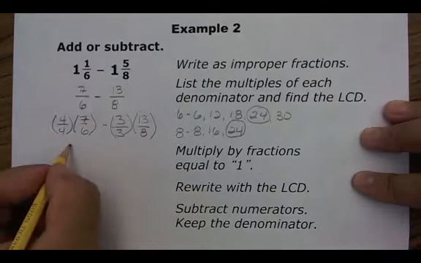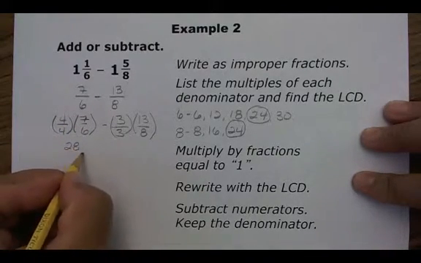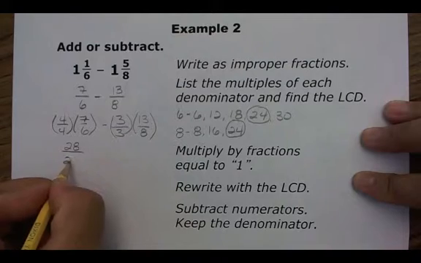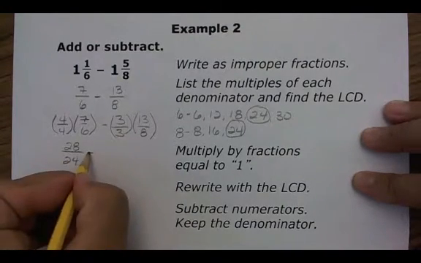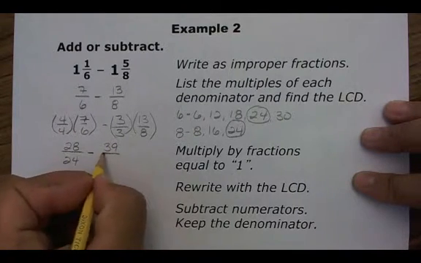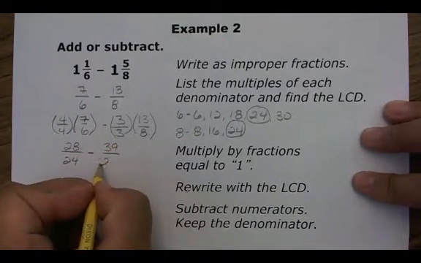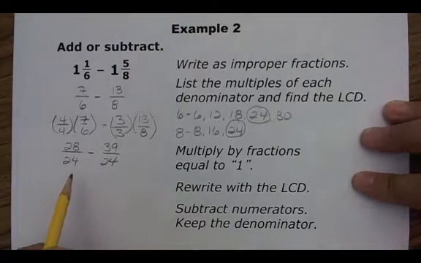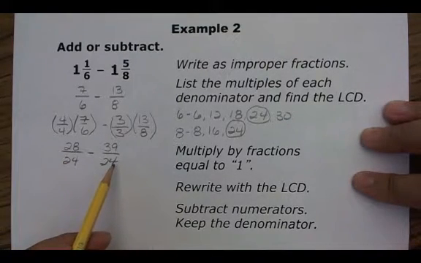So 7 times 4 is 28. 4 times 6 is 24, minus 3 times 13 is 39, and 3 times 8 is 24. And as you notice, we got a common denominator of 24.